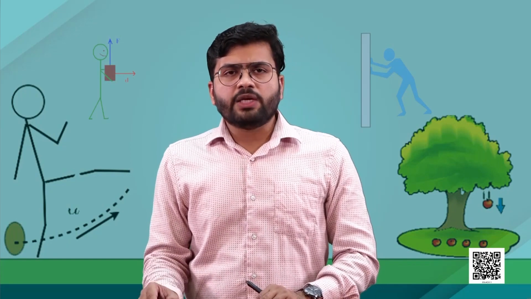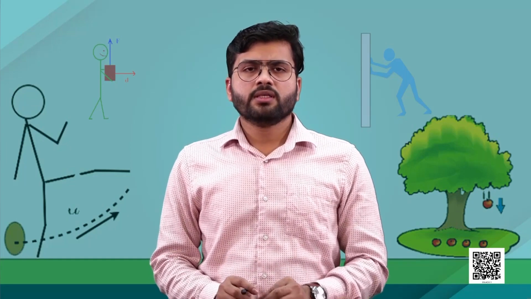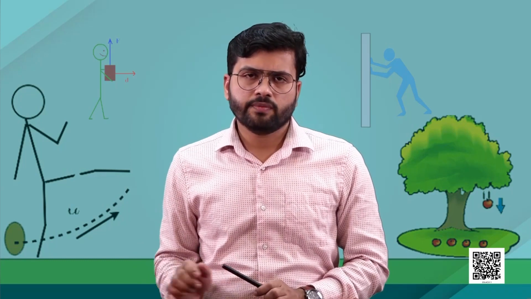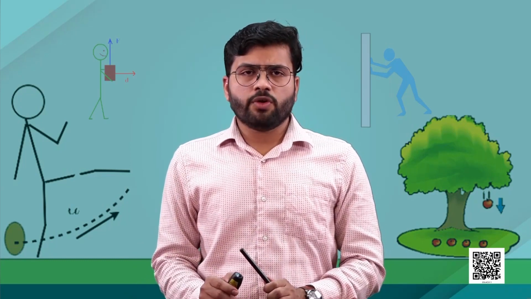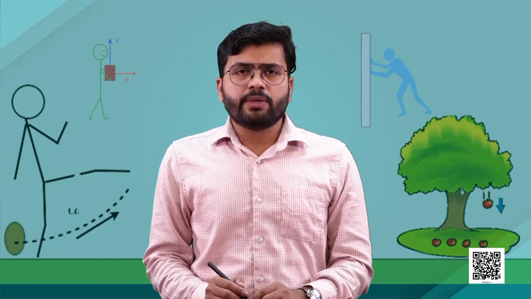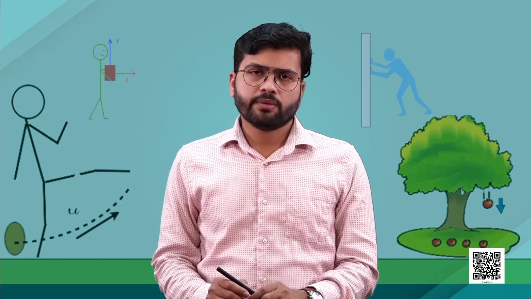Now, let us try to solve some numericals associated with the expression for the potential energy. So, one such question is in front of you. Find the energy possessed by an object of mass 10 kg when it is at a height of 6 meter above the ground, given that the acceleration due to gravity, that is g, we will consider as 9.8 meter per second square.